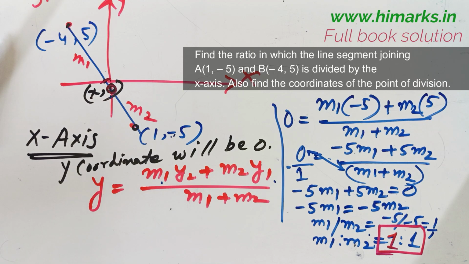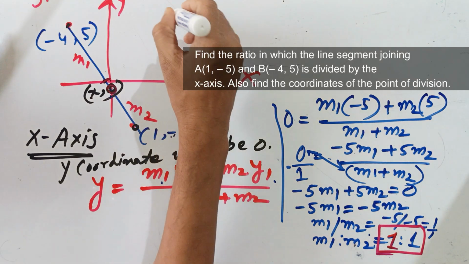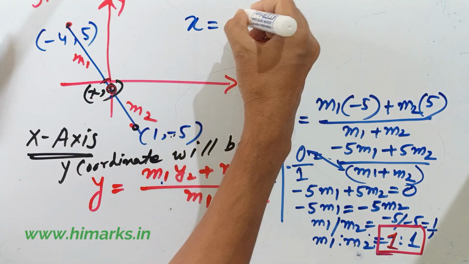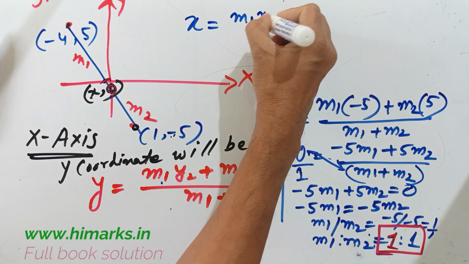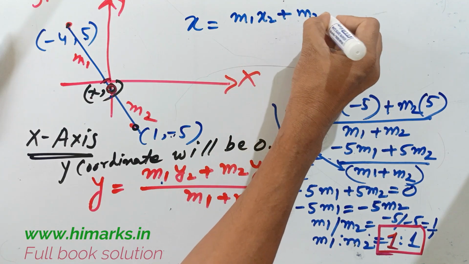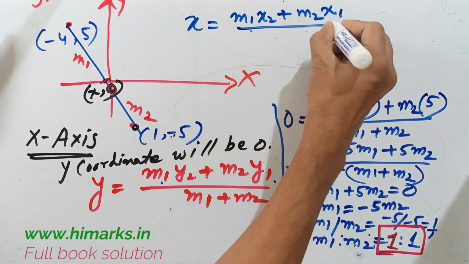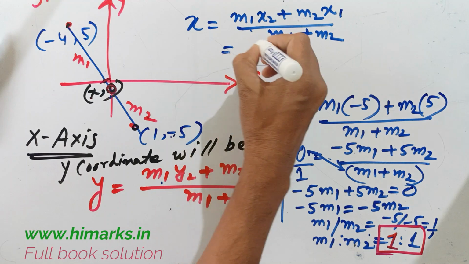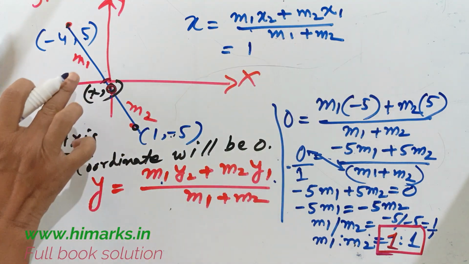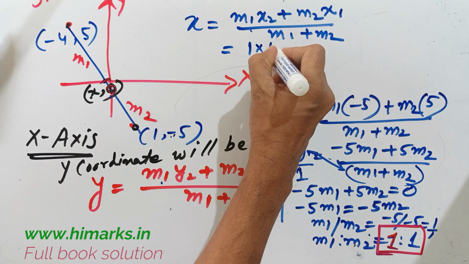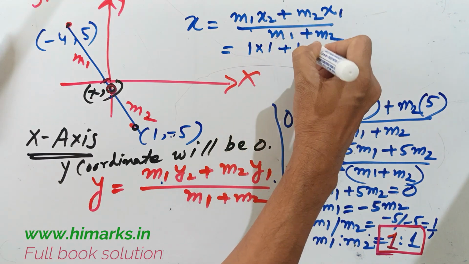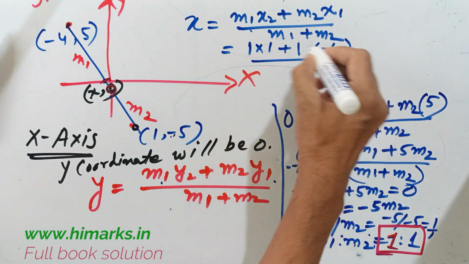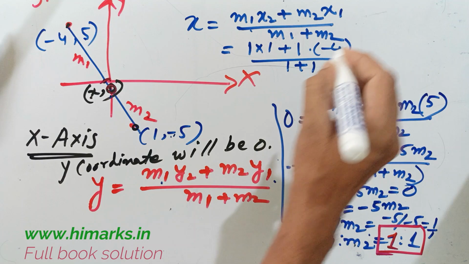The x formula is m1 x2 plus m2 x1 by m1 plus m2. So put the values: m1 is 1 and x2 is 1, plus m2 is 1 and x1 is minus 4, by 1 plus 1.